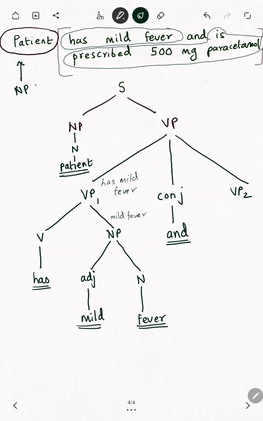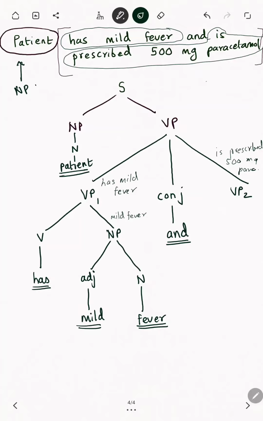Now in this verb phrase, what is this verb phrase? Is prescribed 500 mg paracetamol. So now here again we have is and prescribed. Now is prescribed, you can say that together also it's a word, verb.